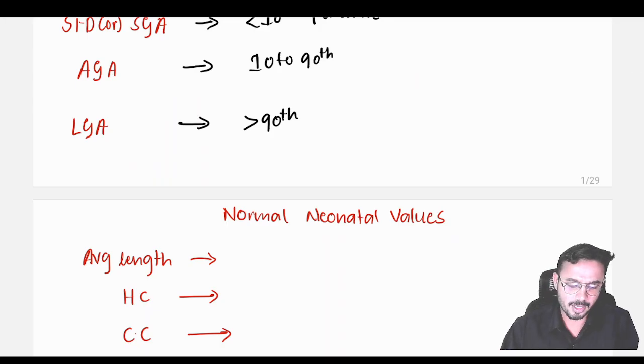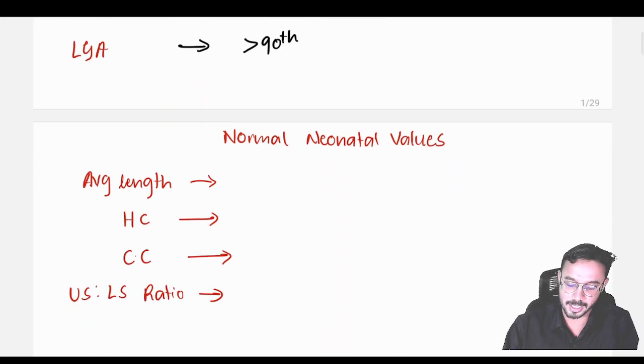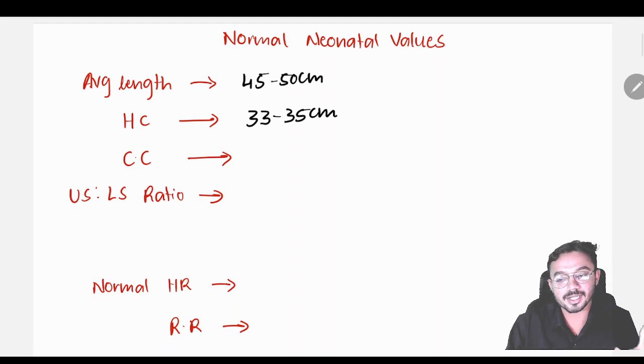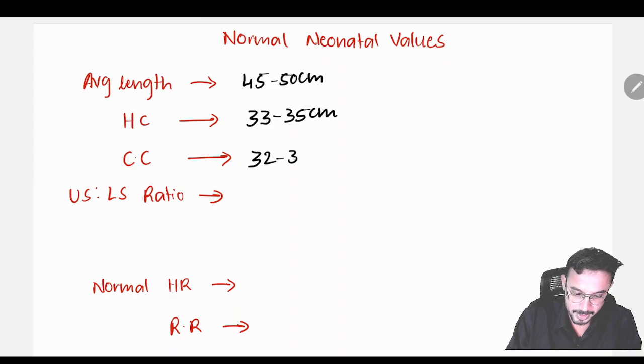Some normal values you should know. The average length of a baby is 45 to 50 centimeters. Head circumference is 33 to 35 centimeters. Chest circumference, CC, is 30 to 32 centimeters.